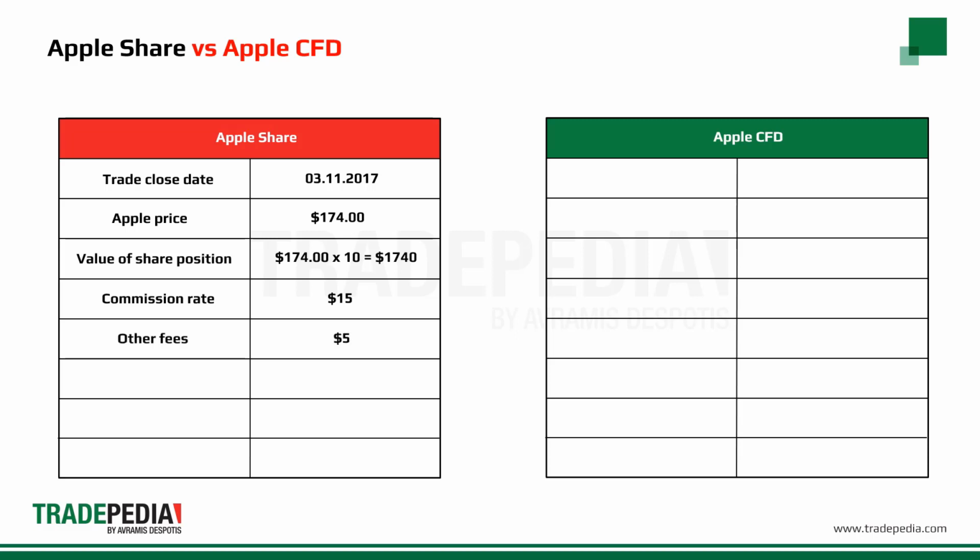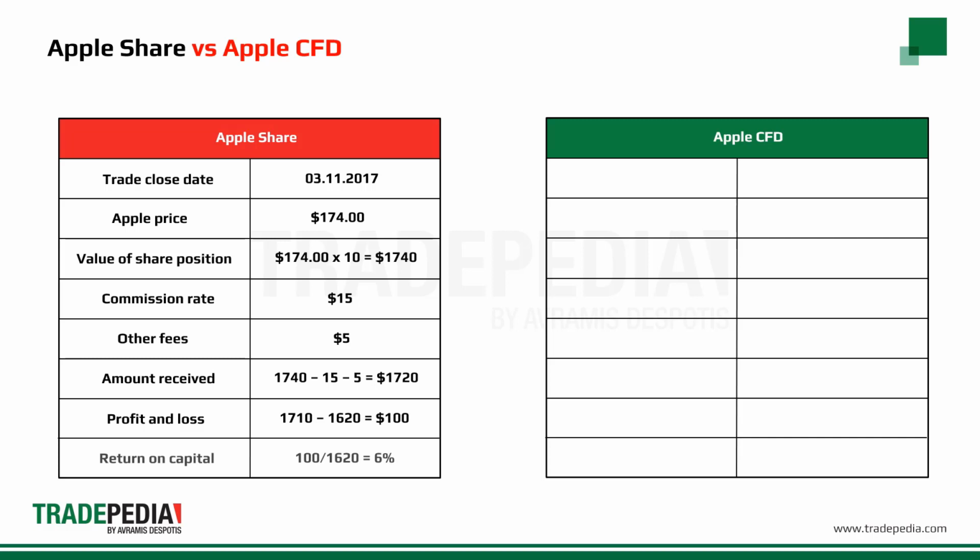Other fees equal $5. The total amount received becomes $1,740 minus 15 minus 5, which equals $1,720. This gives a profit of $100, which gives a return on capital of 6%.